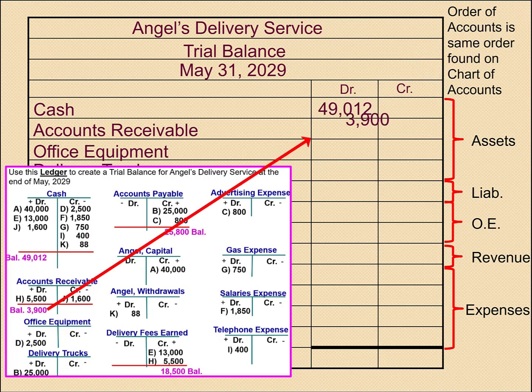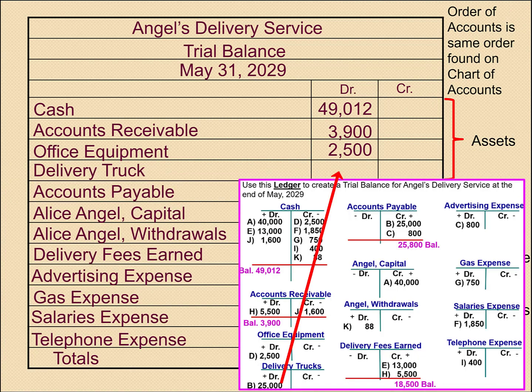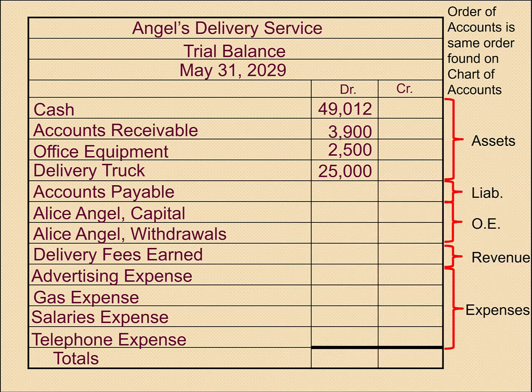AR has 3,900. Office equipment has 2,500. Delivery truck has 25,000. Now in the homework you're going to have to create these trial balances, so I hope you're actually learning this and trying to do it along with me here and not just copying down the solution.